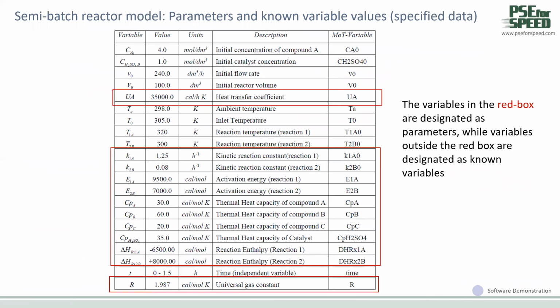The model has a number of parameters and variables whose values need to be specified. Those marked in red boxes are the parameters, and the others are variables. The difference between parameters and variables in MOT is that a parameter could be changed in the optimization loop during regression for parameter estimation or for optimization.